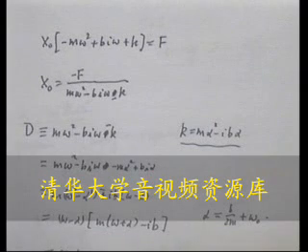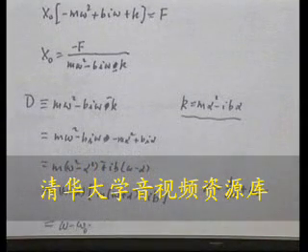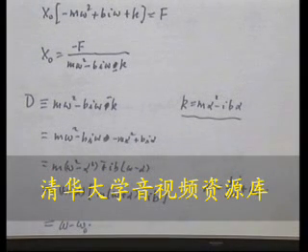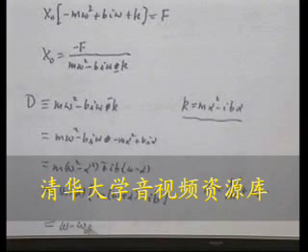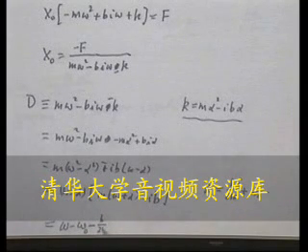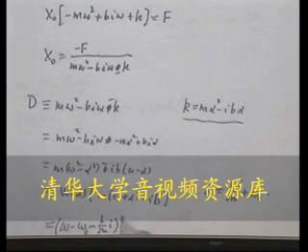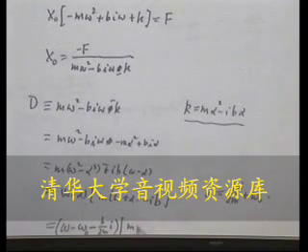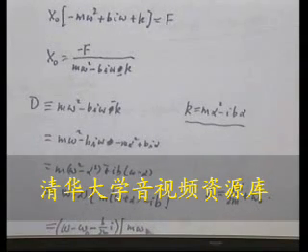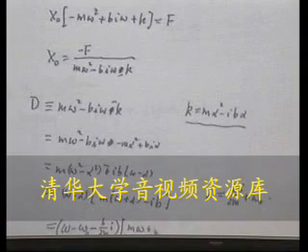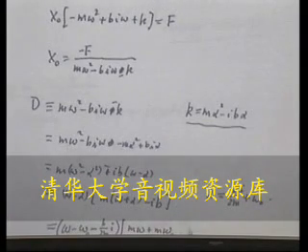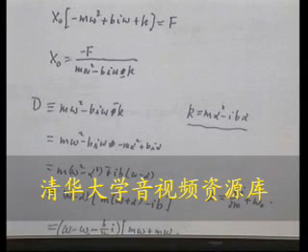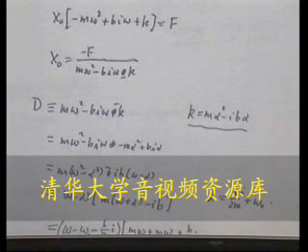I get omega minus omega 0 minus, there's an i here, minus b over 2m i, times m omega plus m omega 0 minus b over 2 i plus b over 2 minus i b.